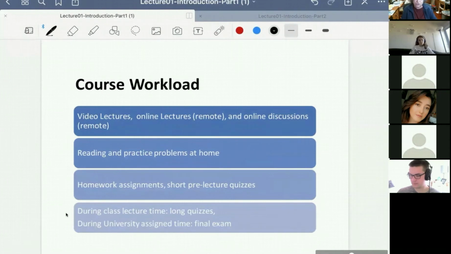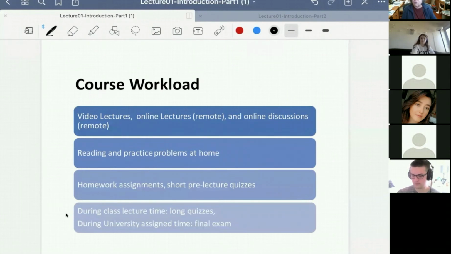Okay, here's the course workload. There are video lectures, there are online lectures, and online discussions. You have reading to do and practice problems at home. There are homework assignments and short pre-lecture quizzes or problem sets, we call them. And during lecture time, there'll be long quizzes, 5 of them.